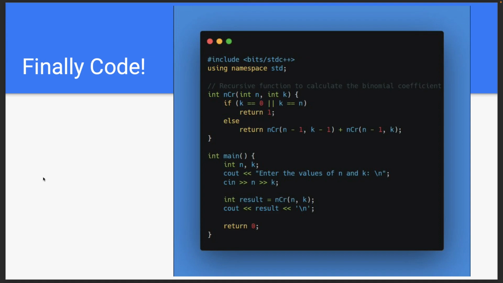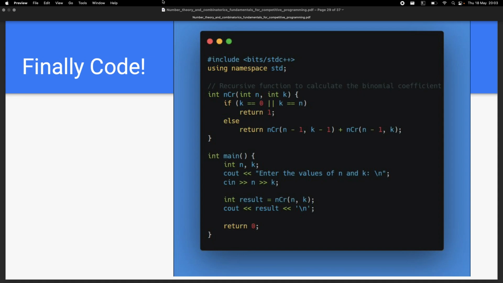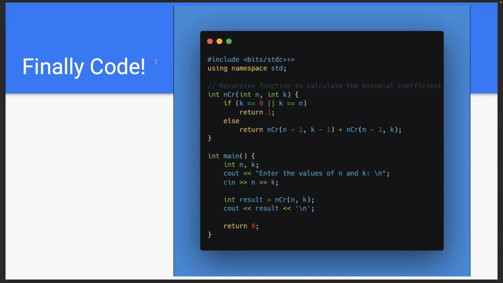And final code. Okay. You can calculate the number of combinations of k and n easily like that. It is a recursive function, and that would be the formula we saw before. If k equals 0 or k equals n, the answer is simply 1.